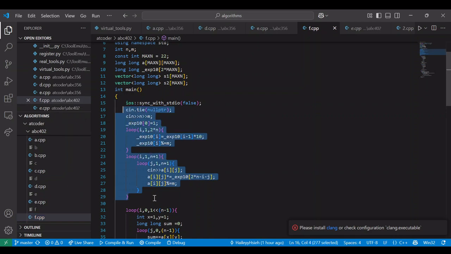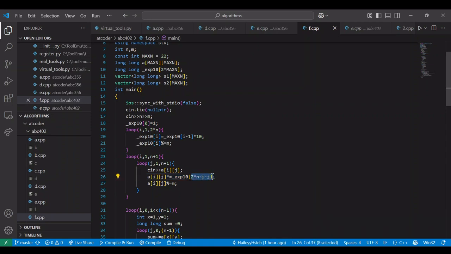I first transformed a_ij into what I mentioned, which is multiplied by 10 to the power of 2 times n minus i minus j.